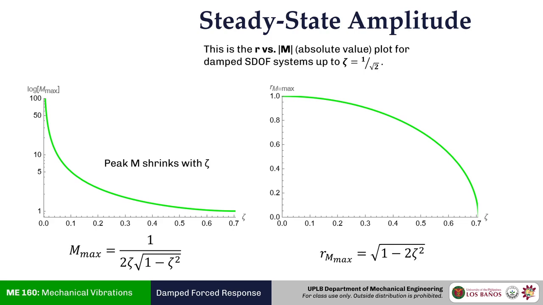So our formula here for Rm max actually terminates at zeta of 1 over square root of 2. So you can prove that by equating Rm max to 0. So if you equate Rm max to 0, you'll get the value for the termination of the peaks essentially. So once you reach zeta equals 1 over square root of 2, essentially wala ka ng peak. Like, or rather, the peak doesn't matter anymore.